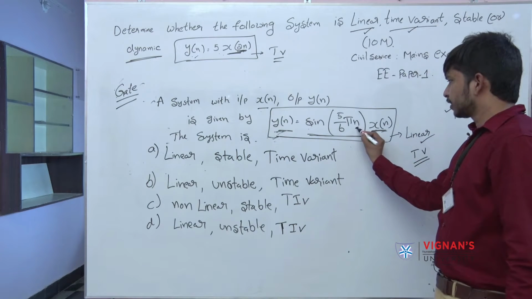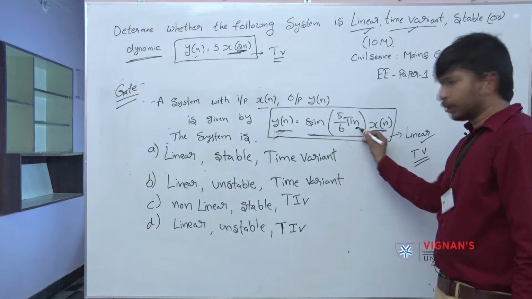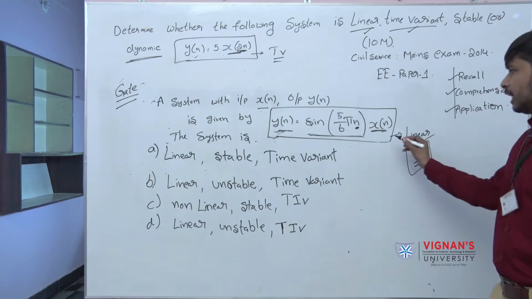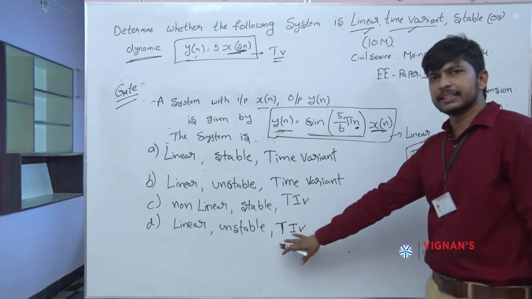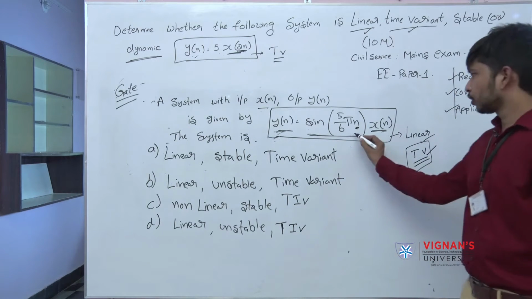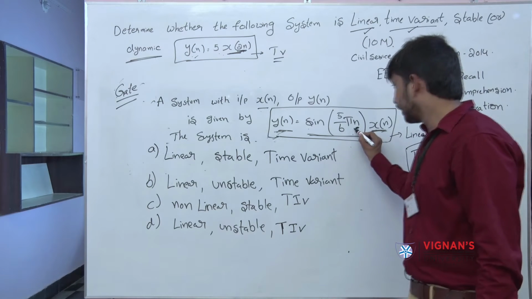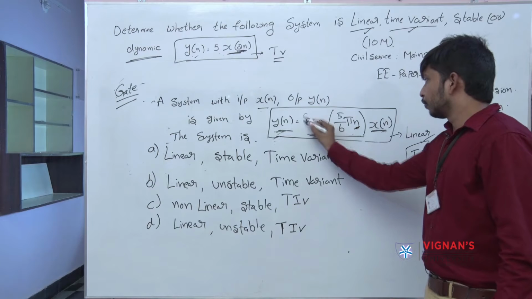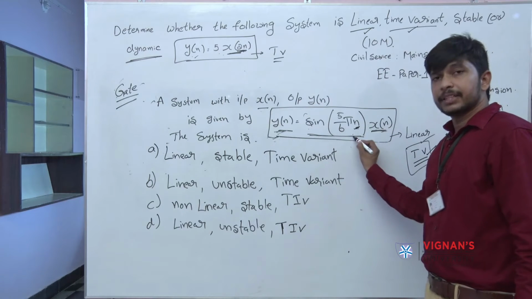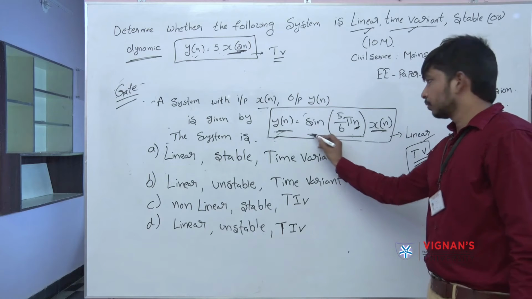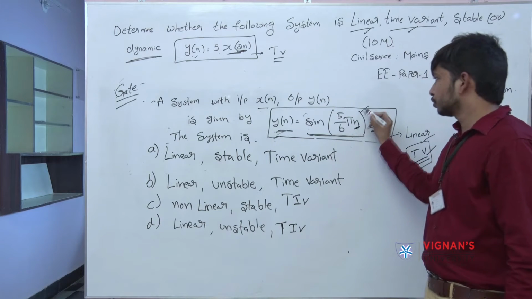If you delay the input, the output is not delayed by the same number of samples. The coefficient of x of n is a time coefficient. So the system is time variant.